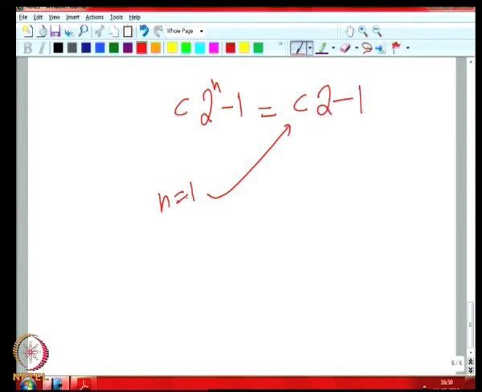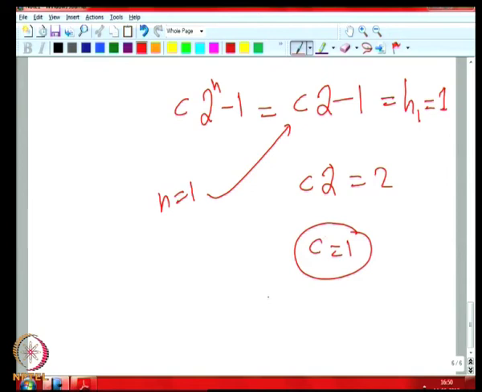But when n equal to 1, we need the answer to be h 1 equal to 1. So, C times 2 equal to 2, that means C equal to 1. C equal to 1 will satisfy our initial condition, which means C times 2 raised to n minus 1 is a solution, is what we told.